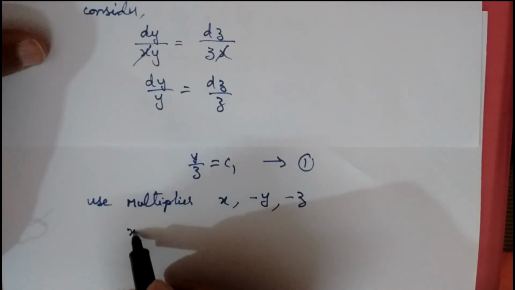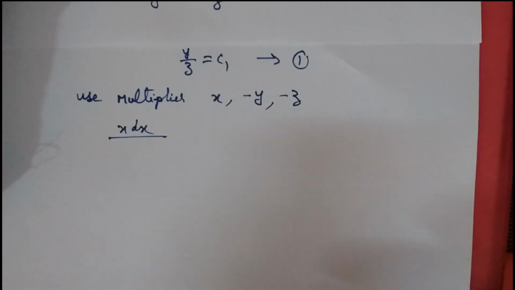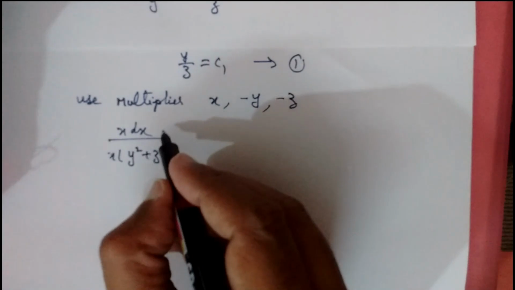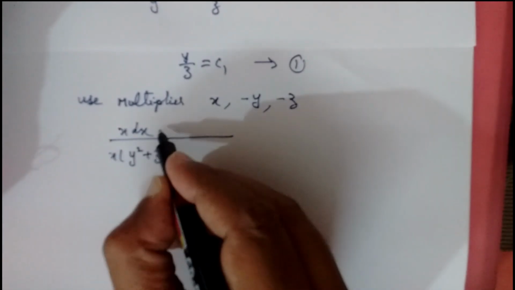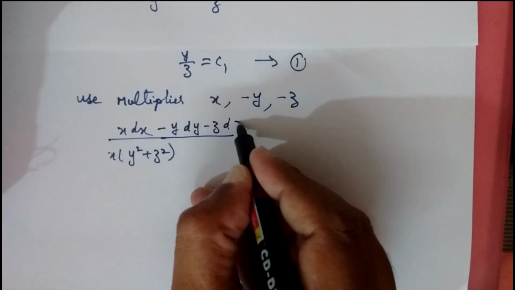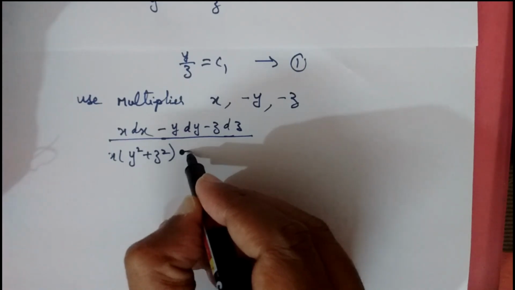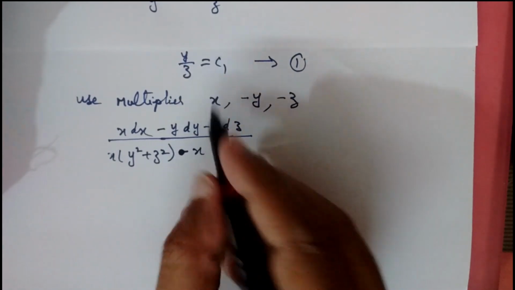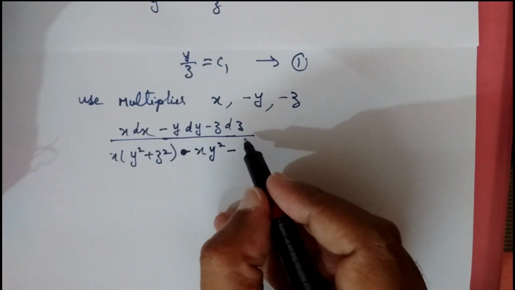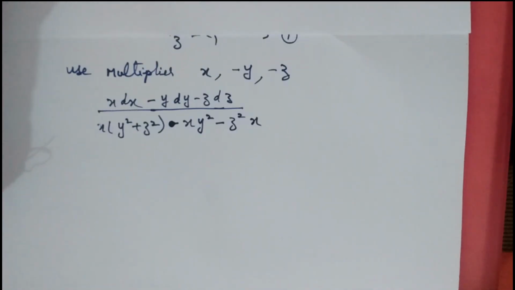So you can use the multipliers as x, minus y and minus z. If you use it, we will be getting x dx divided by x times y square plus z square. You can continue: minus y times dy, minus z times dz. Here the denominator will be, you multiply by minus y, so minus x into y square, and you are multiplying by z, so it is z square times x.